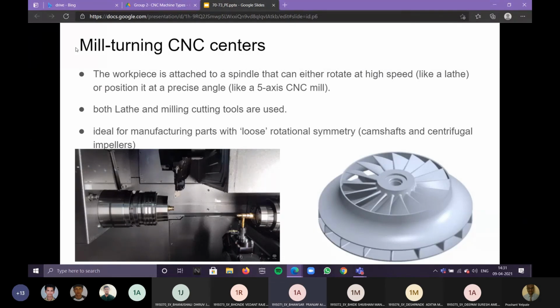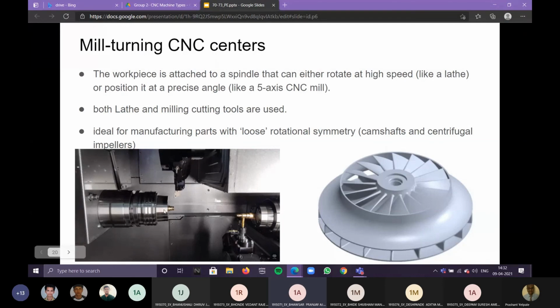The third multi-axis CNC machine is the mill turning CNC center. In these machines, there are many tools which can do either turning operations or milling operations.